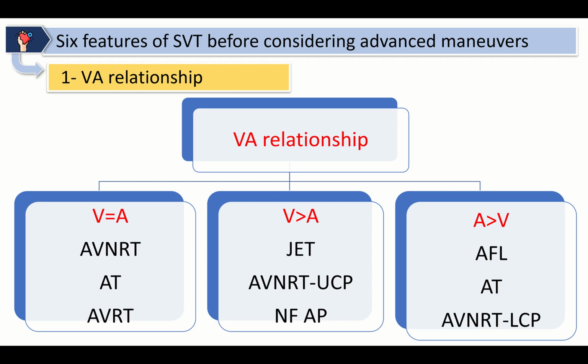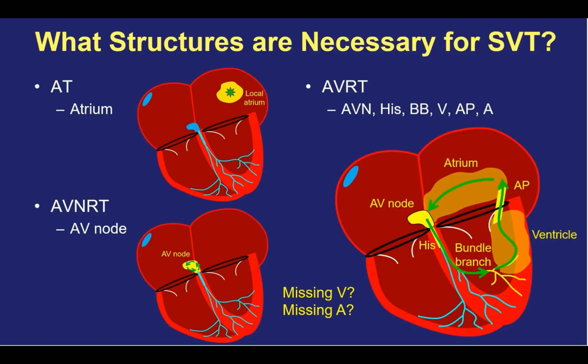If V is more than A, maybe junctional tachycardia, AVNRT with upper common pathway block, or an uncommon accessory pathway, which is a nodoventricular or nodofascicular accessory pathway. If A is more than V, it may be atrial tachycardia 2-to-1, 3-to-1, or atrial flutter. Unlikely AVNRT with lower common pathway. This is the general golden rule that we have to discuss.